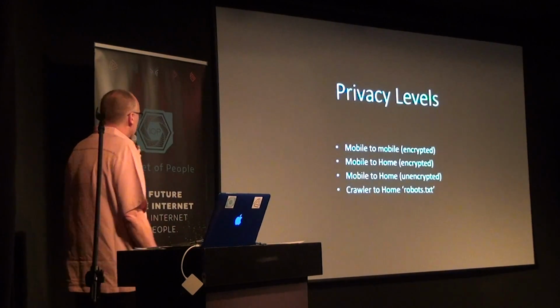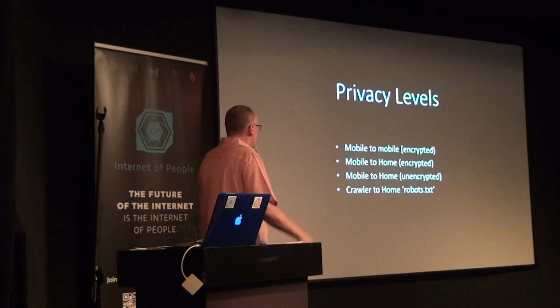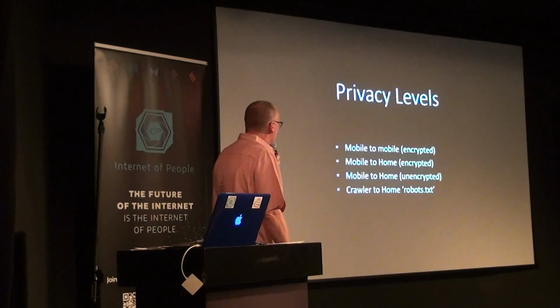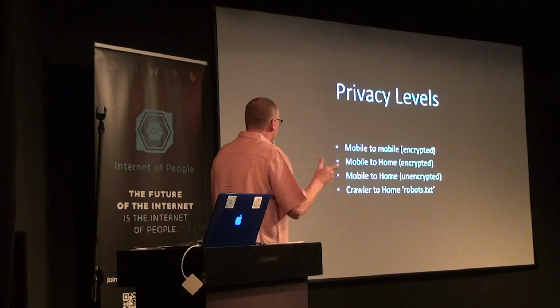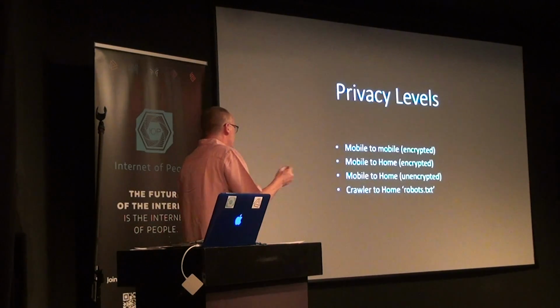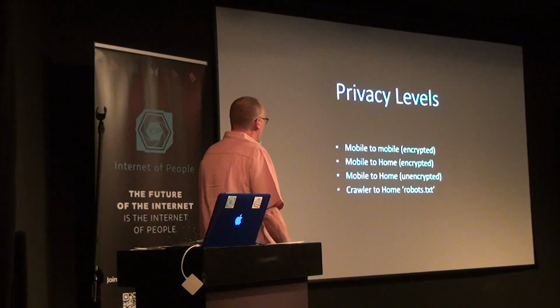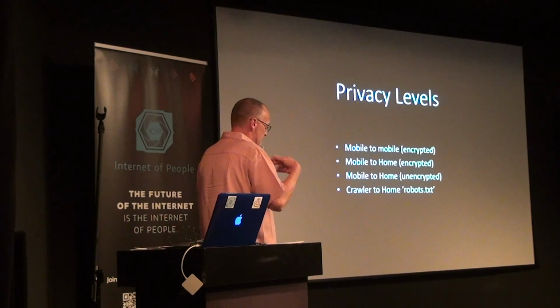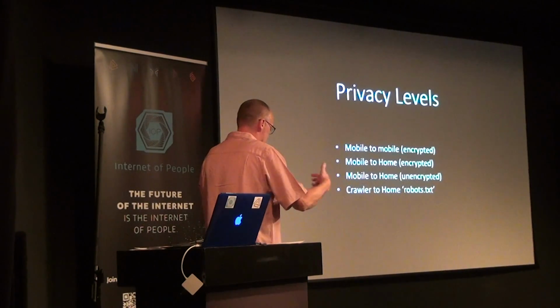So essentially we're talking about 3.5 privacy levels or types of interactions. So we've got mobile to mobile, which will obviously be encrypted. And we've got mobile to home, which is me talking to my home, which is also encrypted.